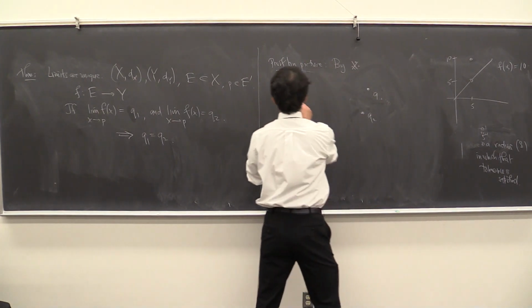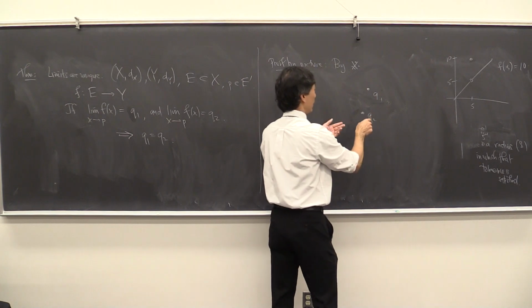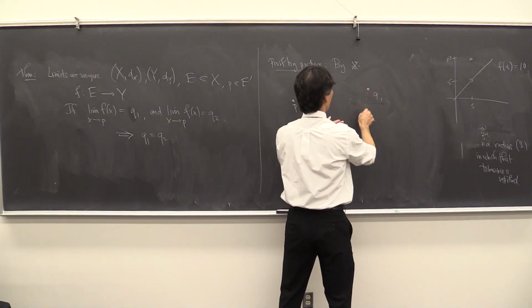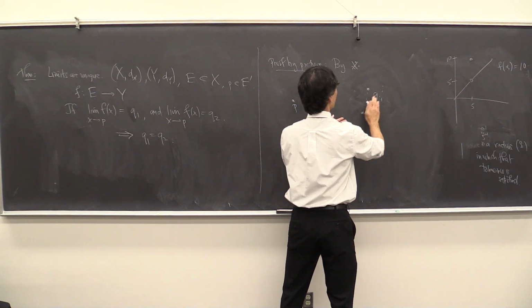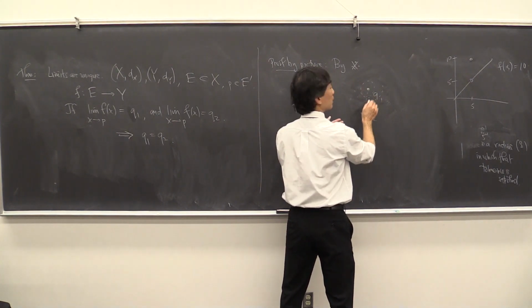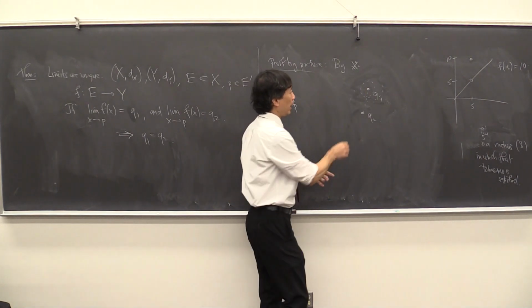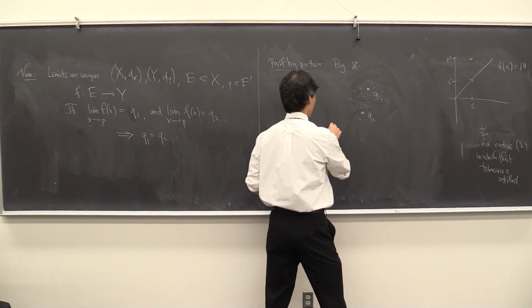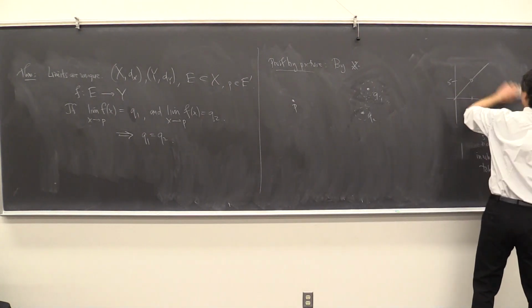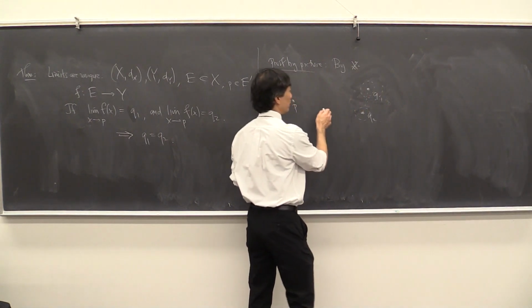Since I can make my values as close to Q1 as I desire, let's take my radius to be half of the distance, or to be even more clear, a third of the distance. Take the distance between these two points, take a third of that, and take epsilon to be a third of that.